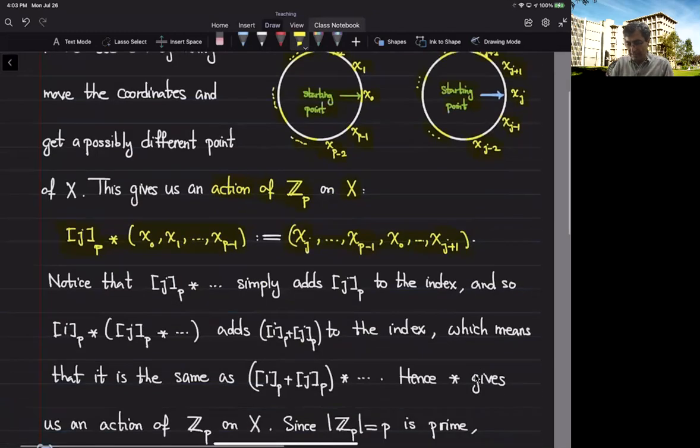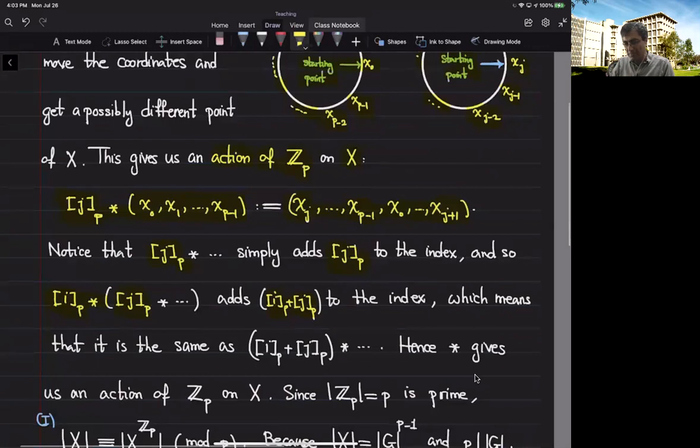When I let the residue class of j act on some point, I essentially add the residue class of j to the indices. And so when I apply j and then apply i, I am adding the residue class of i plus the residue class of j to the indices. Therefore it's the same as letting their sum act, which means it is indeed an action.